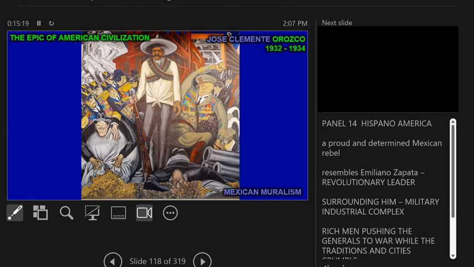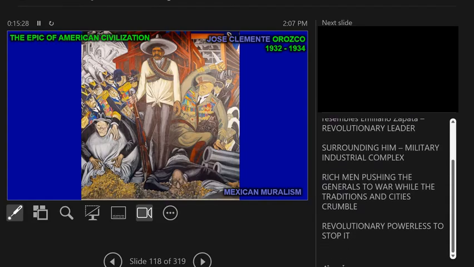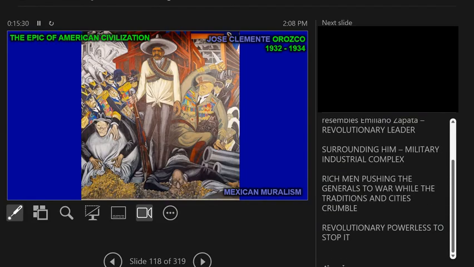In the next panel, we have a revolutionary in the middle who looks a lot like Emiliano Zapata, who was a revolutionary leader. But surrounding him, we have the military industrial complex. Back here, we have rich men, and over here we have rich men, but they're wearing masks.